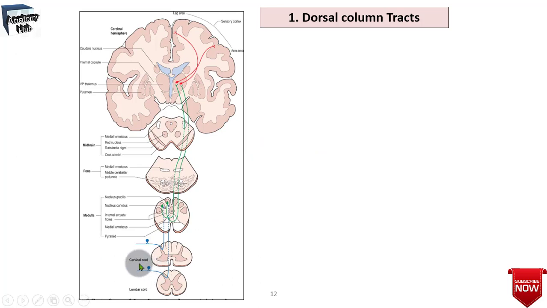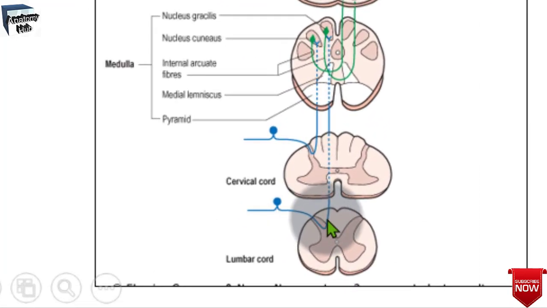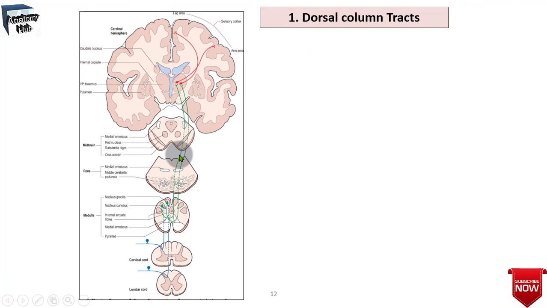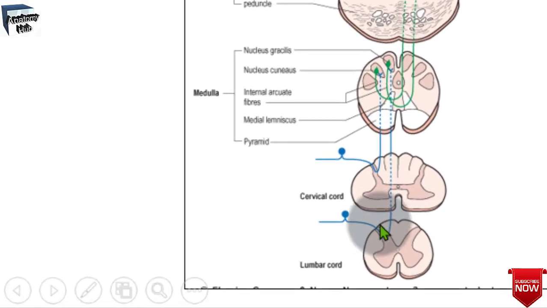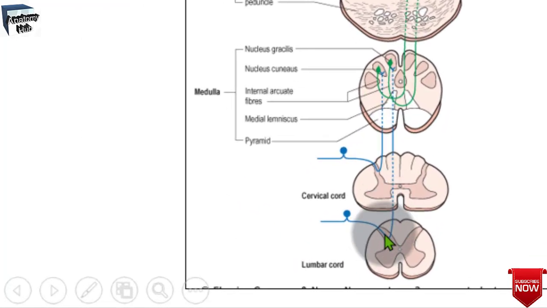The fasciculus gracilis is found throughout the spinal cord and begins at the caudal end of the spinal cord. It comprises the long ascending fibers from the different spinal nerves which enter the spinal cord through the ipsilateral dorsal spinal root that you can observe here, including the sacral, lumbar, and the lower six thoracic nerves.